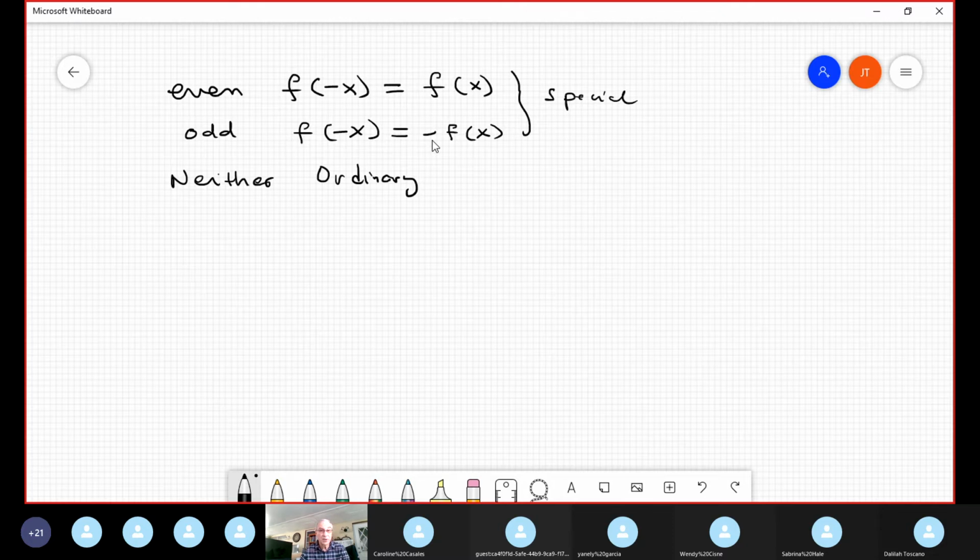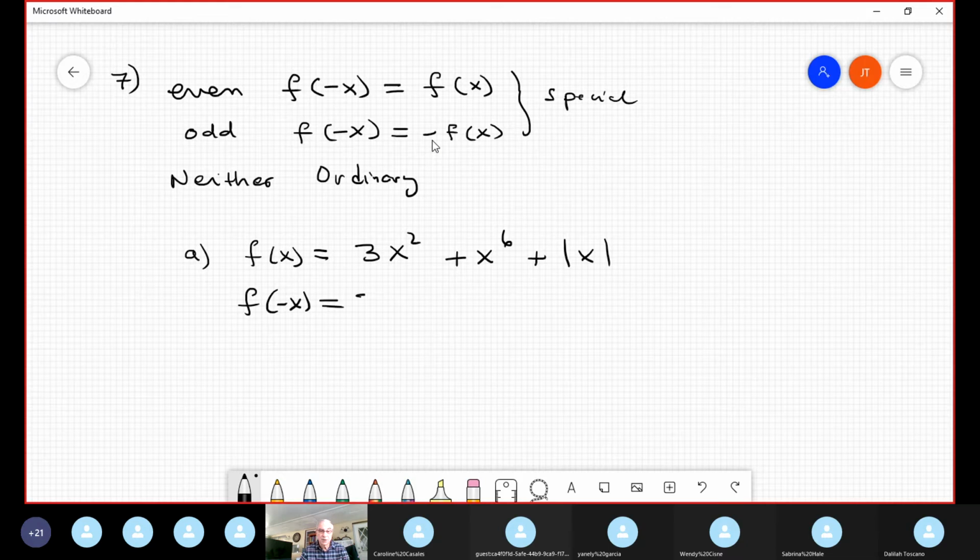Example 1, we are doing question 7. Say k of x is equal to 3x squared plus x to the 6th power plus absolute value of x. As you replace x for negative x, okay, let's do it. 3 times minus x squared plus minus x to the 6th power plus absolute value of minus x.